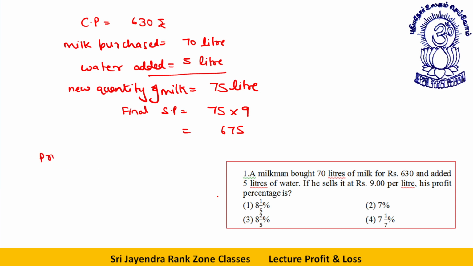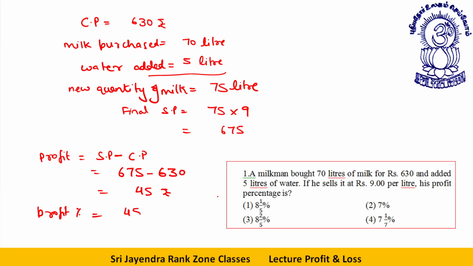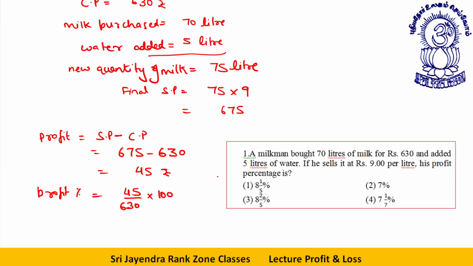Now what is the profit? The profit is SP minus CP, which is 675 minus 630, that is 45 rupees. Now profit percent is 45 upon 630 into 100. It's not that tough, students. The calculation is actually easy.